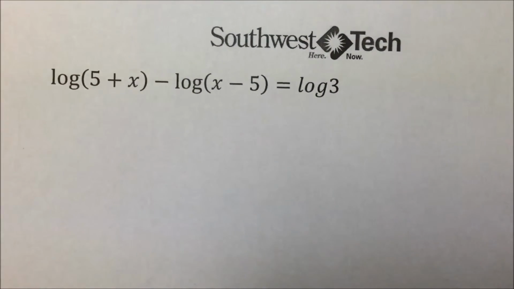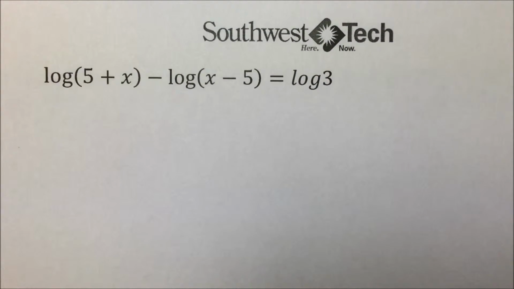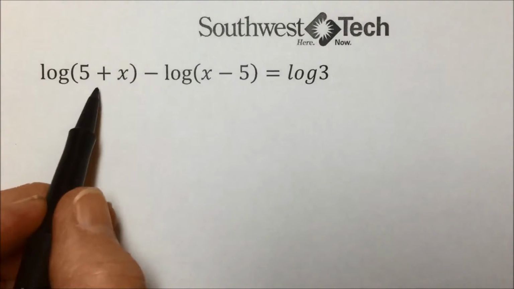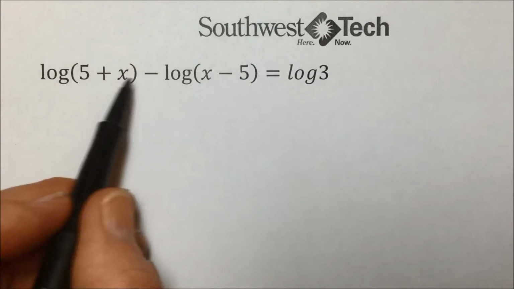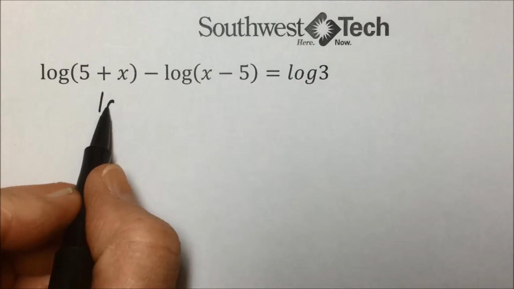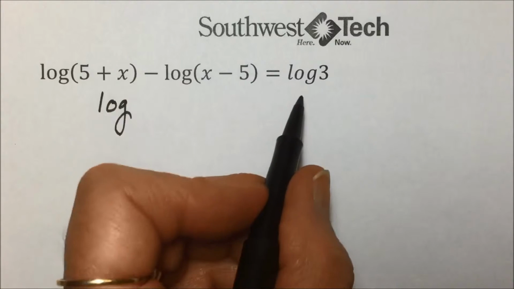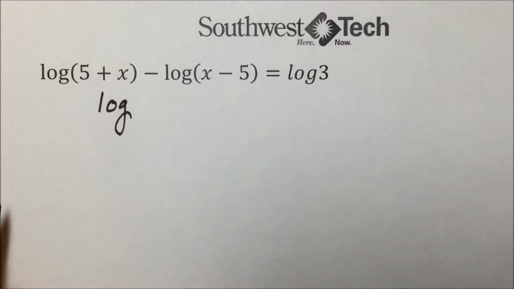Looking at another example, here's where definitely the properties come into play as far as simplifying a problem. We have a difference of logs, and a difference can be expressed as a single logarithm as long as our bases are the same. There aren't any bases, so it's understood this is a common logarithm with base 10.